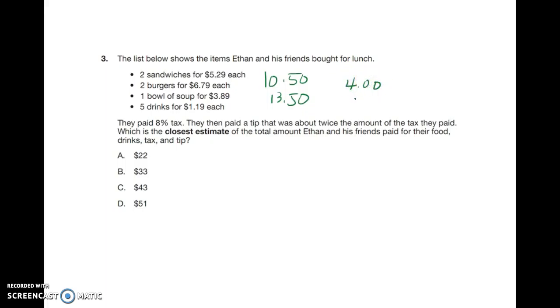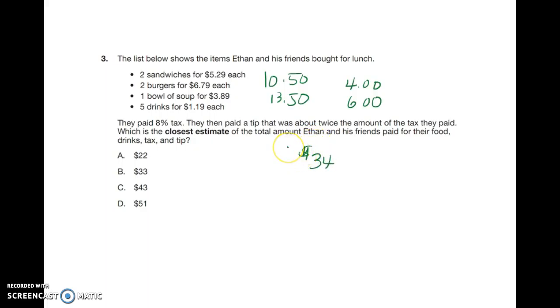And 5 drinks for $1.19 each, so that's $5 plus 1 more for the 19 cents each, so about $6 for the drinks. If I sum all those up, I've got 10, 20, 30, about $34 total.